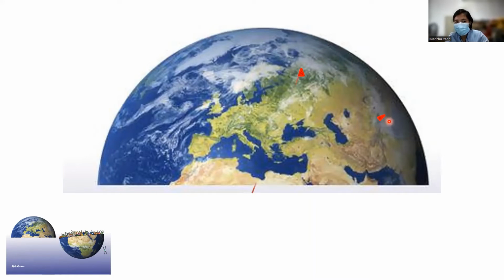So let's say itong line na to is projection ng radius ng Earth. So ito yung radius ng Earth with respect to this point, and ito rin yung radius ng Earth with respect to this endpoint ng baseline. So pag nagme-measure tayo, this is the end of the center of the Earth point.